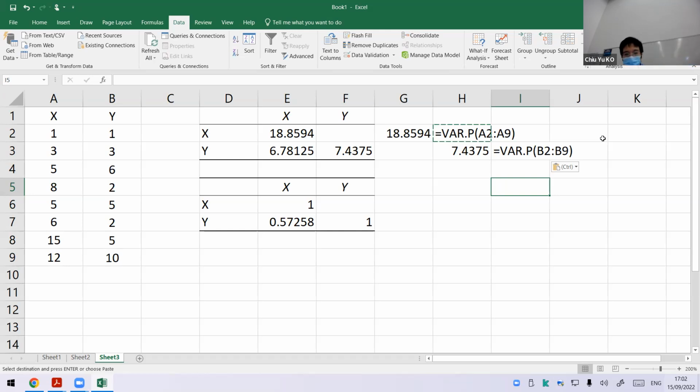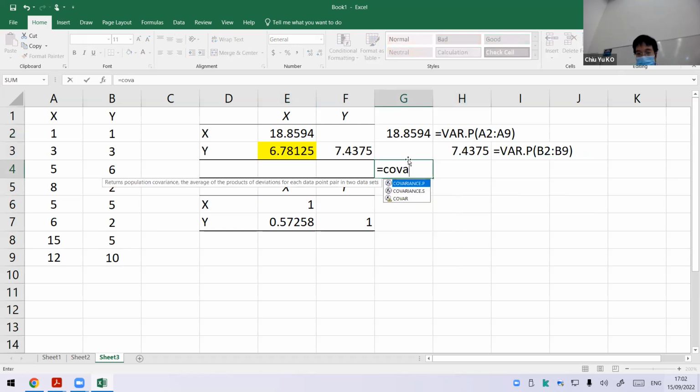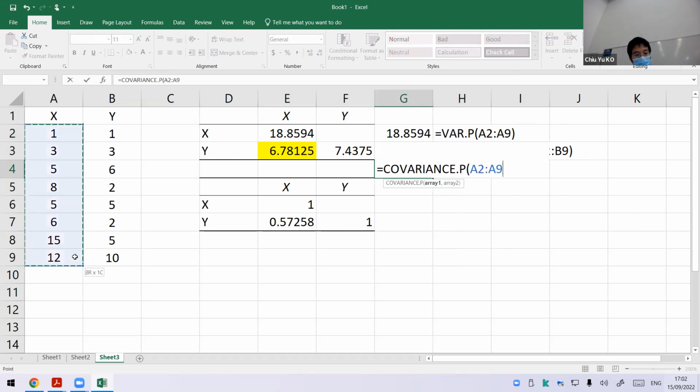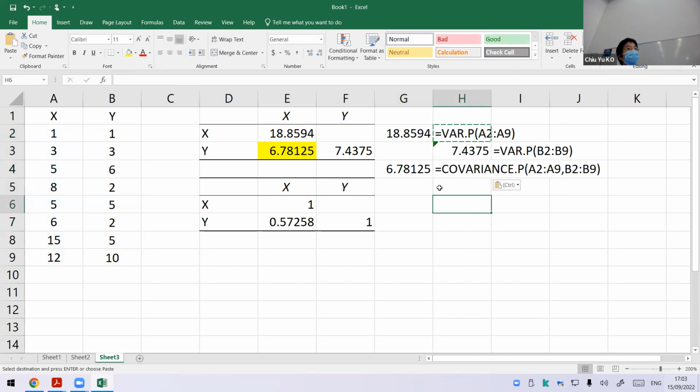Someone asked me, what is exactly this guy? This guy is exactly the covariance. Let me show you. Covariance P, I got X and I got Y. Covariance takes two columns.